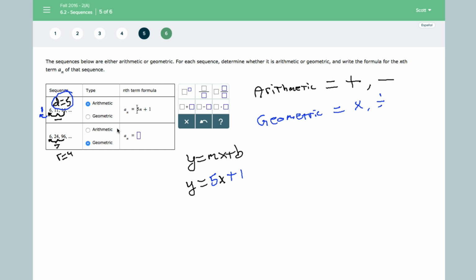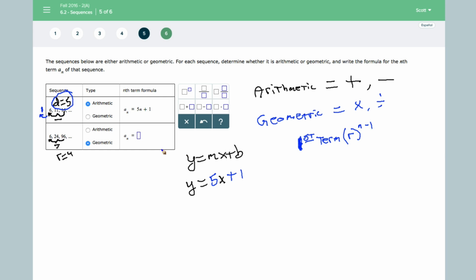Now, geometric formula, that one's slightly different. The geometric formula is where we take our first term times the ratio, the common ratio, to the n minus 1.